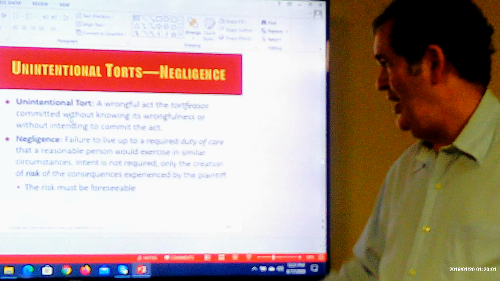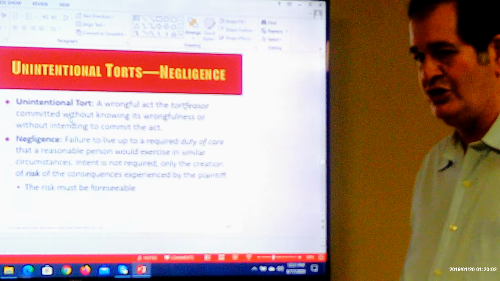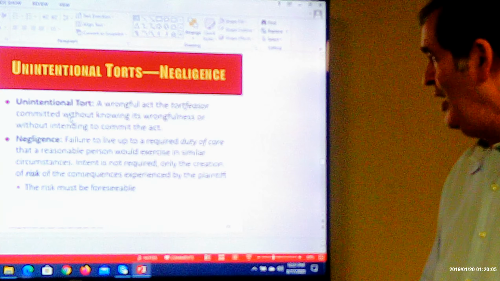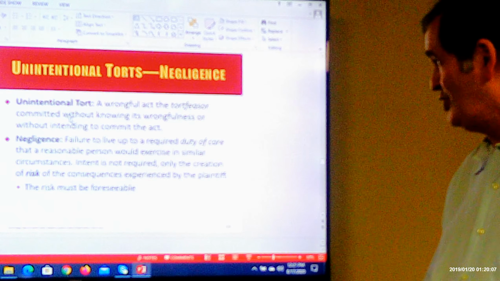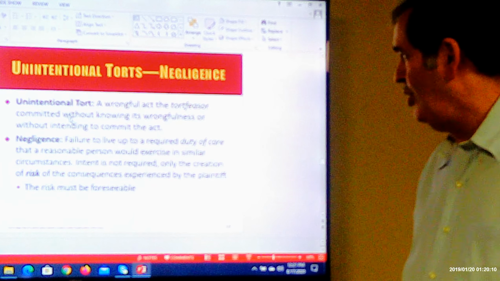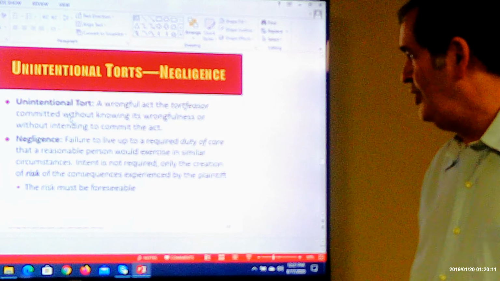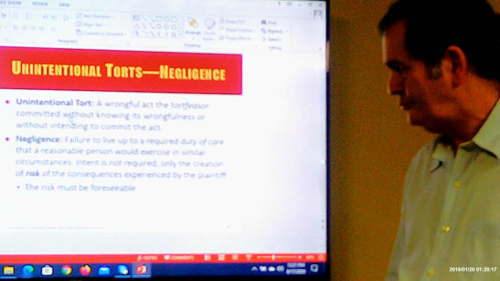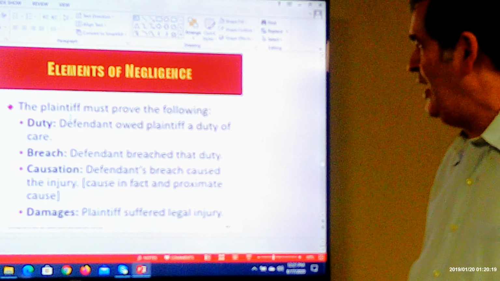There is no intent requirement, only the creation of a risk of harm and the consequences that that risk can result in for the plaintiff. However, that risk has to be foreseeable. We'll talk about that later.